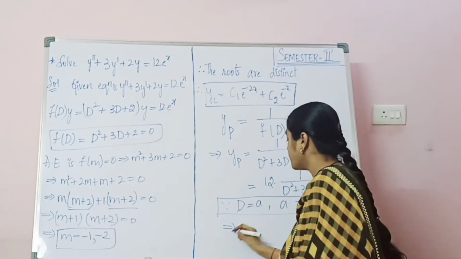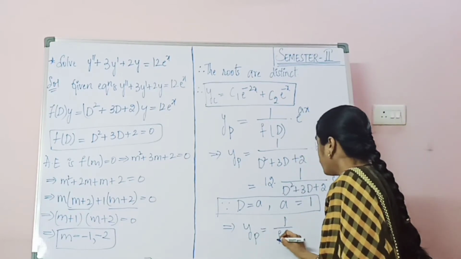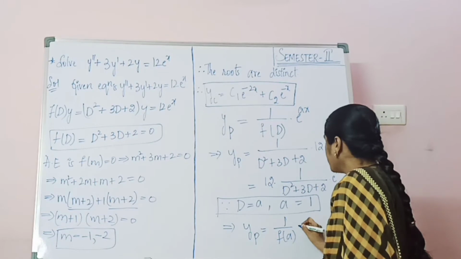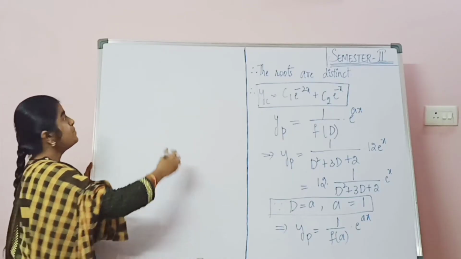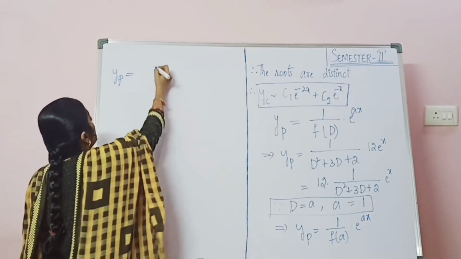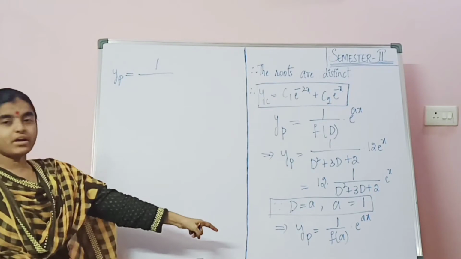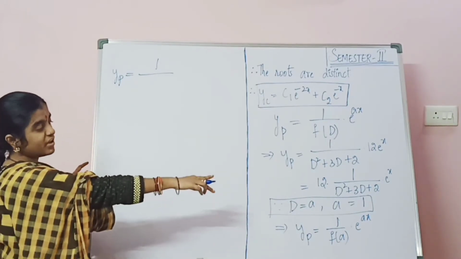So that implies here yp equals 1 by f of a into e power ax. Now here, in the place of t, what are we substituting? a. What is the value of a here? 1.